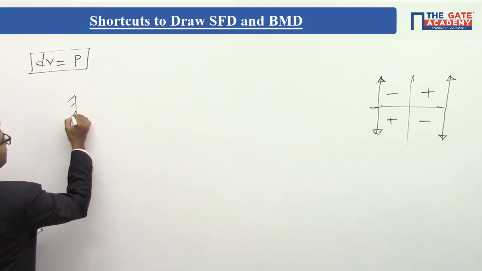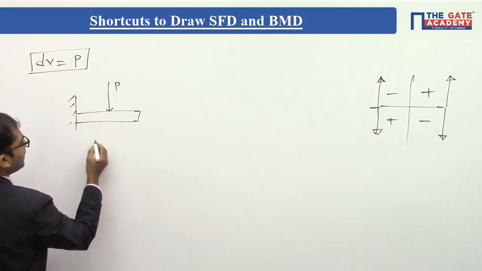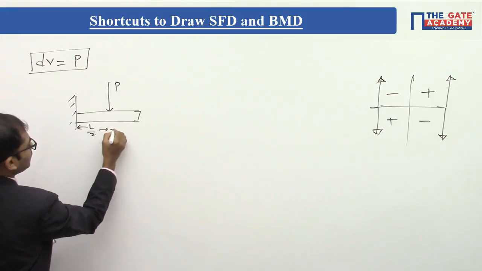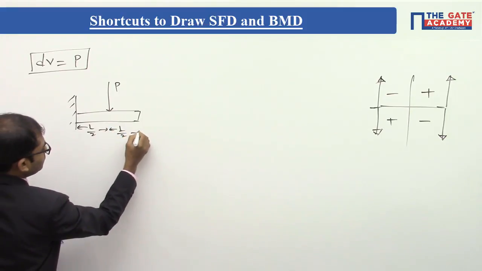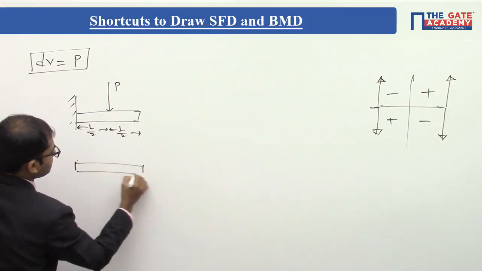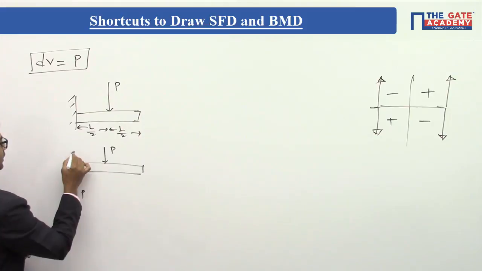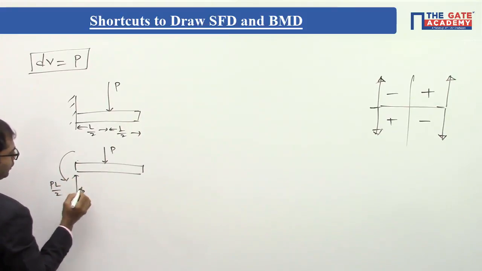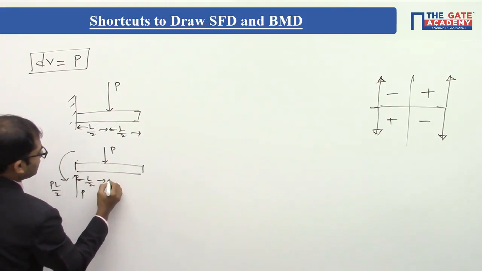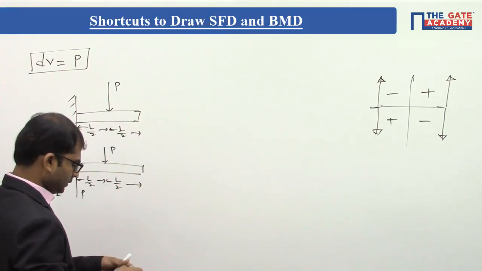Let's take a cantilever beam with point load in the middle. So this is L by 2, this is also L by 2. If you draw the free body diagram, you will get like this. You have P upward, P downward, and P into L by 2 anti-clockwise. Let's draw the shear force diagram.